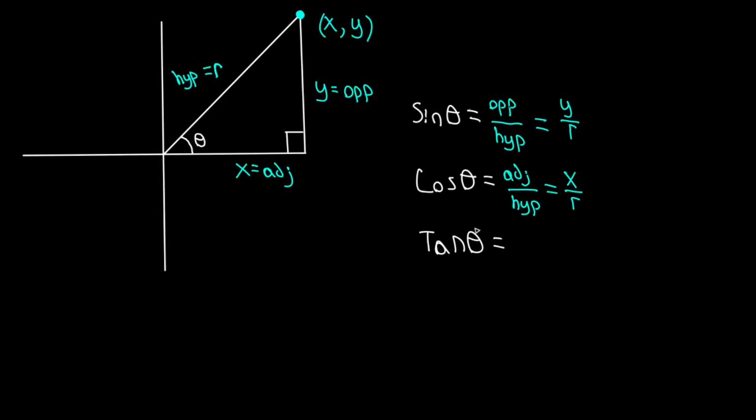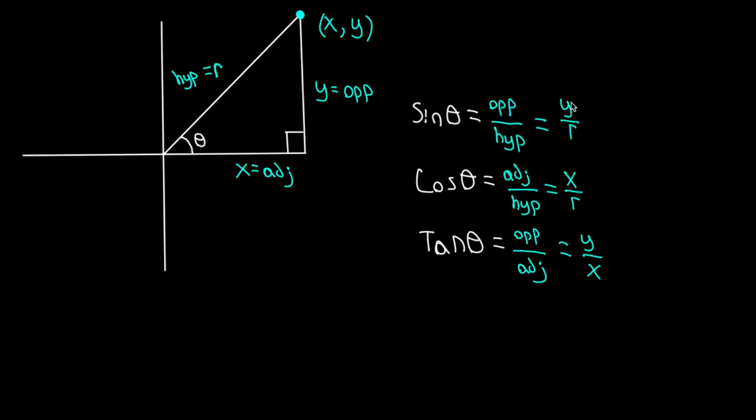Tangent of theta is our opposite over our adjacent, or it is our y, opposite, over adjacent. So it is our y over x.